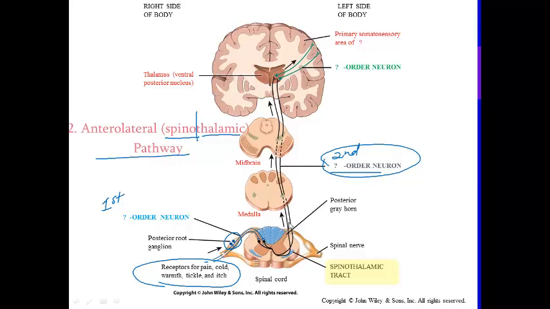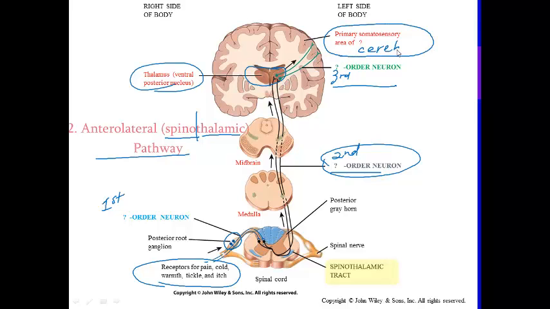As it passes through the medulla, passes through the midbrain, and reaches all the way to the thalamus. Okay, so remember our thalamus is a relay center, and that's where they meet the third order neuron. And the third order neuron will carry the message from the thalamus all the way to the cerebral cortex.